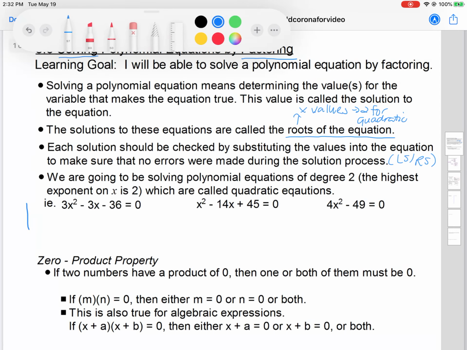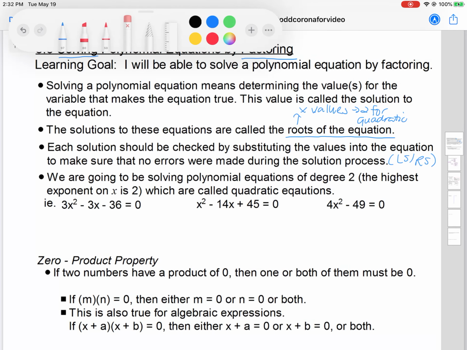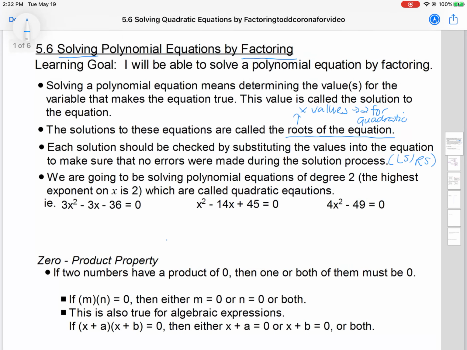I'll review some factoring here so that we know what we're dealing with. It's the same sort of things we've been doing for the last few lessons. For this first one, if we were going to factor or solve it, you would common factor it first.